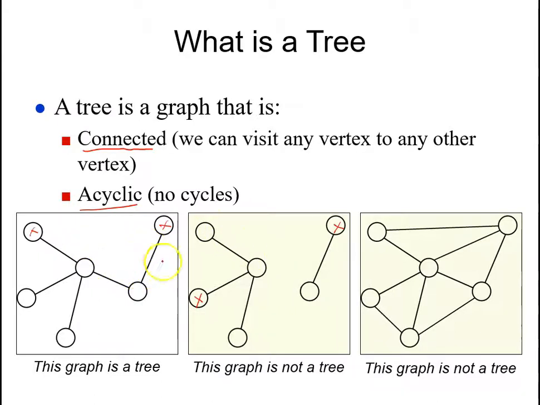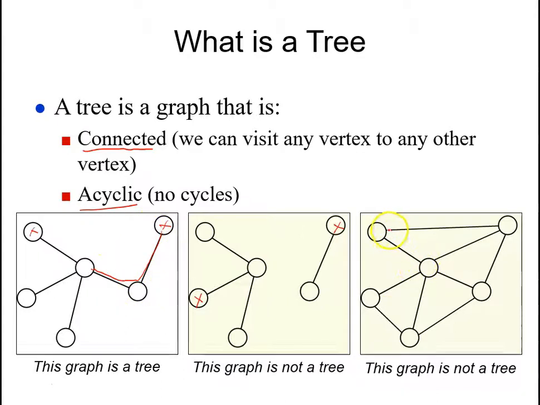Also, a tree doesn't have any cycles, meaning if we start along a particular edge and we visit various vertices, as long as we don't go over the same edge twice, there's no way to go back to the starting point.